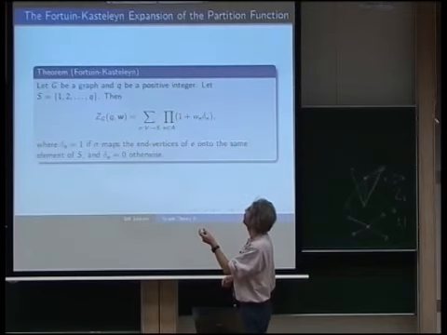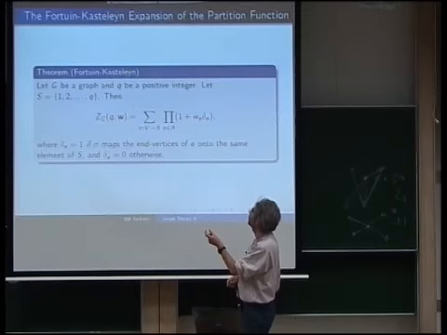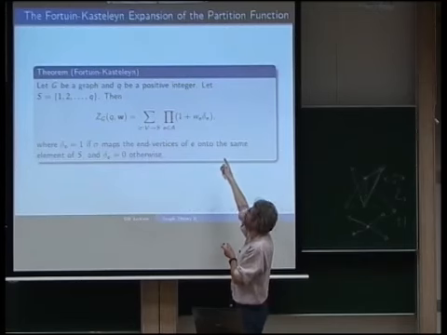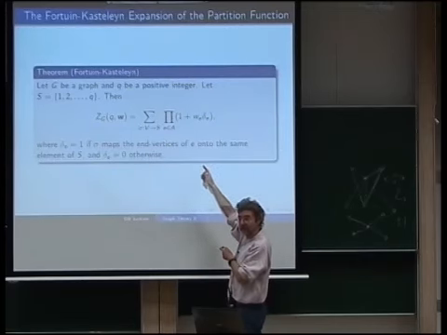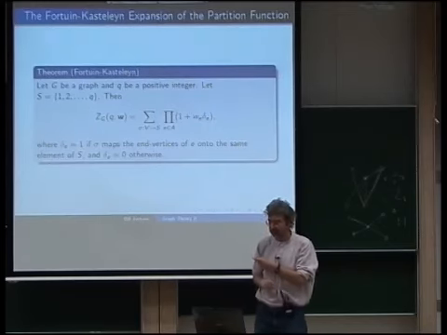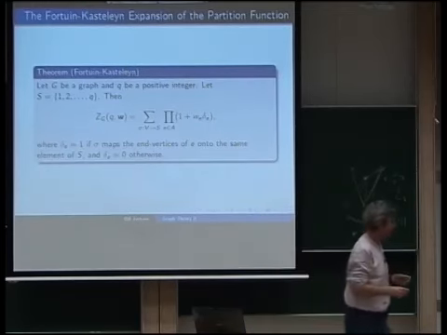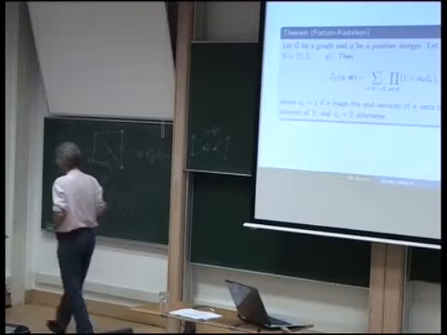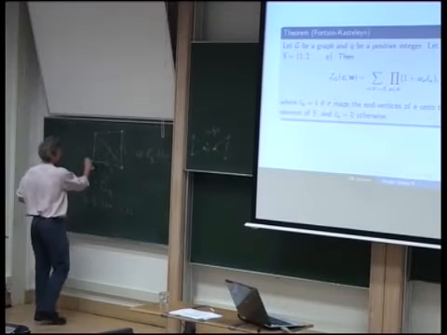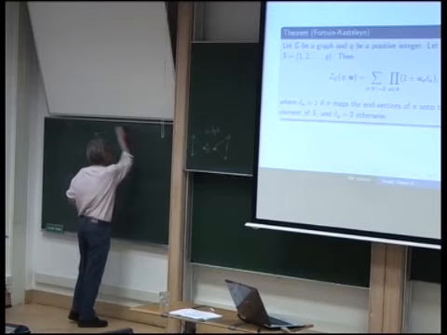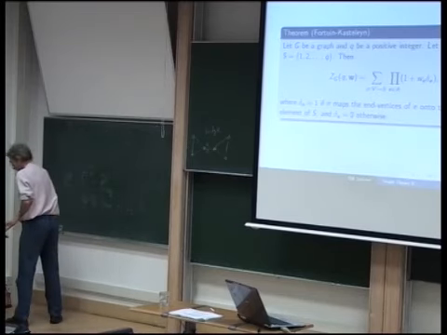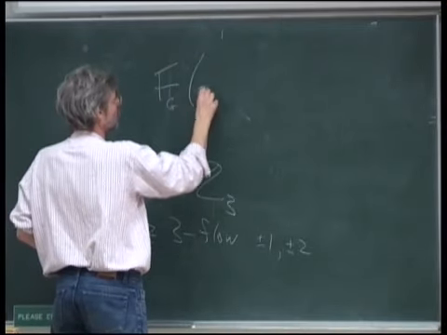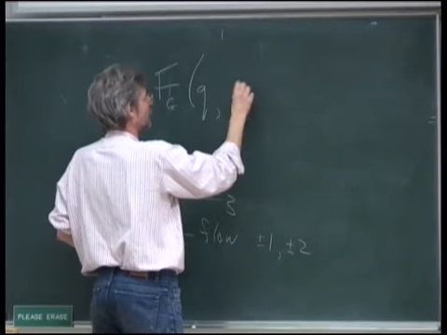If the two end vertices of A are the same color and WA is -1, then we get 1 plus -1, which is 0. So we have F, G, Q -1.